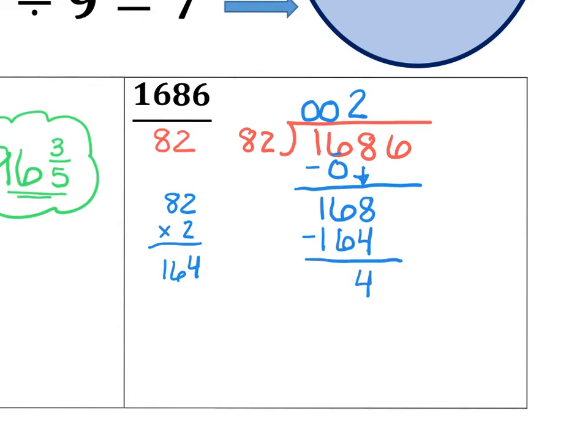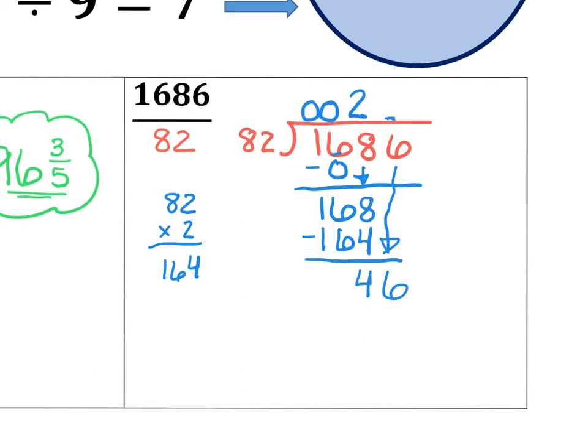And I can't get an 82 into 4, so I'm going to bring down the next number, the 6. I can't get any 82s into 46. My remainder then is going to be 46, but before I set that up, I need to make sure that every time I brought a number down into my work, I have a number in my quotient.